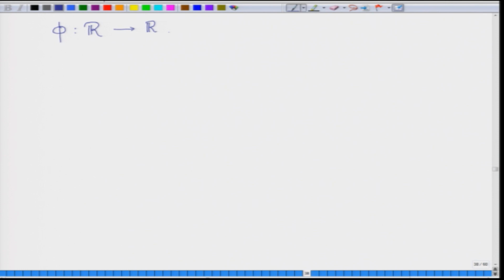Basically, how do you write a function? y is phi of x. This is something known to you. So, what do you draw? You draw the graph of that function. You draw the x axis and the y axis, and then for each element in R you plot the value of y. So, it could be like this, for example.